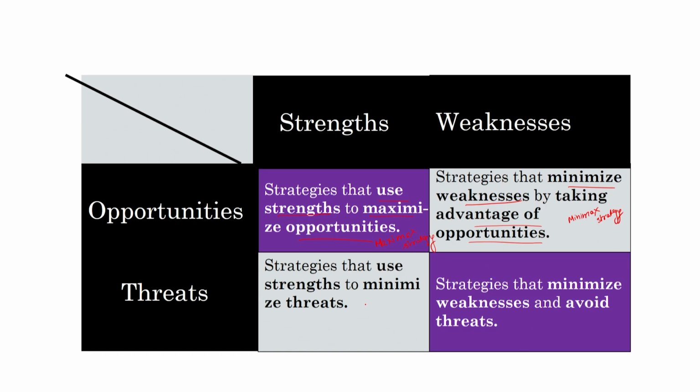Repeating again, your strength is having innovative workforce, and your threat is that some stagnation is expected in your industry. Now, in this scenario, what we will do? Here, we will try to use our strength in order to minimize threat, and that is known as maxi-min strategy.